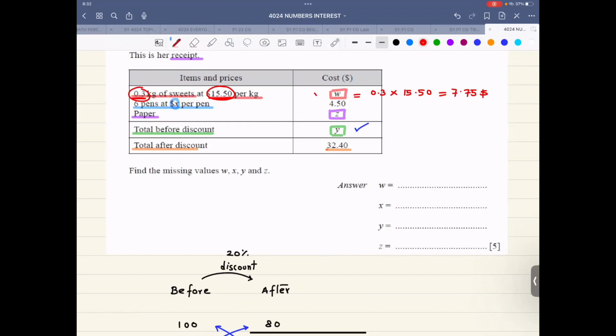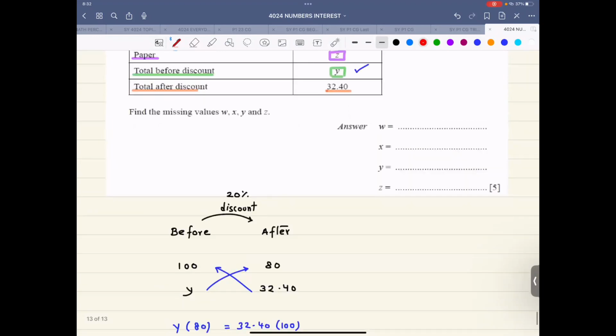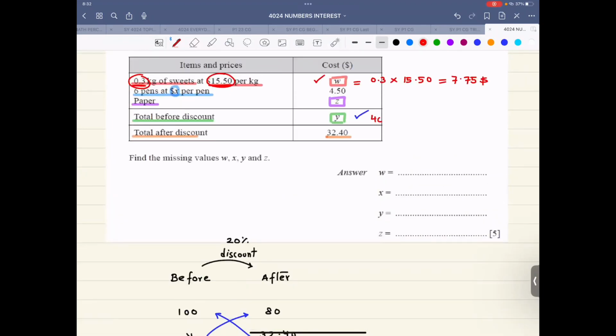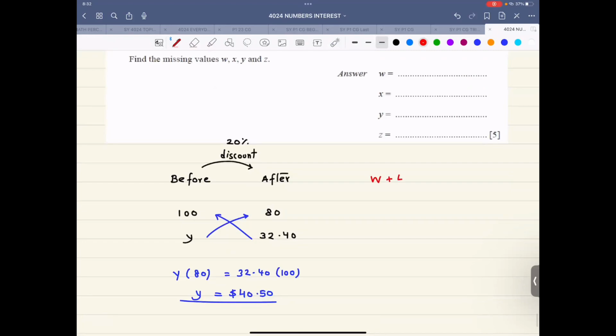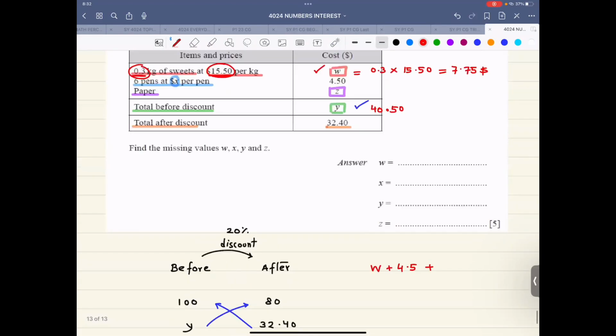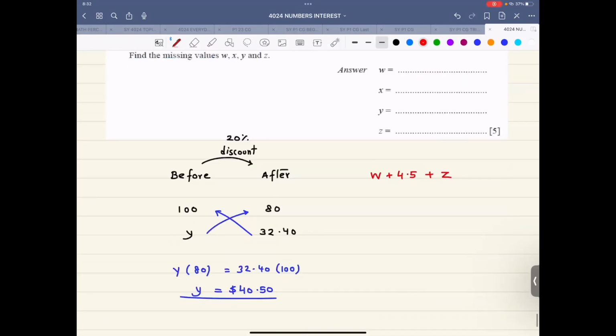That is the value of W. Now we know that Y is 40.50. So W plus 4.5 plus Z equals 40.5.